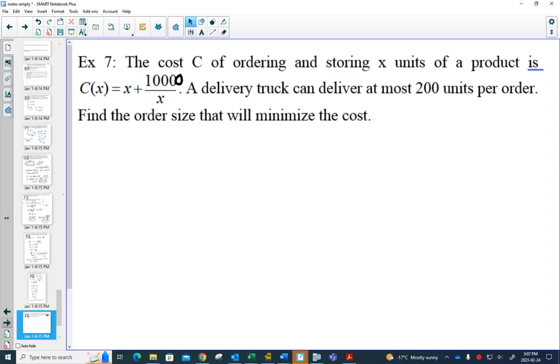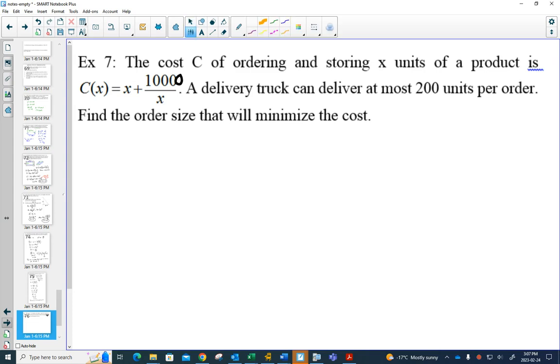It costs you less money if someone brings them all at once, but when they bring them all at once, now you have no room to store them, so then you might have to store them somewhere else, which costs more money, so then it's like, okay, that's not necessarily good to do either. So here we have an equation, and we want to find out how much we should order to minimize the cost.